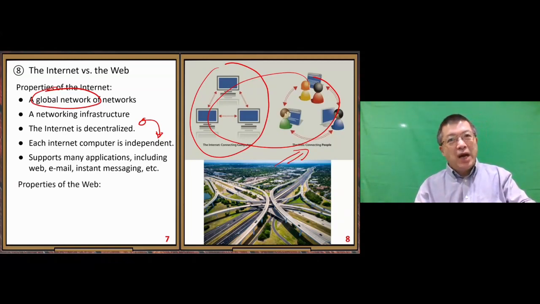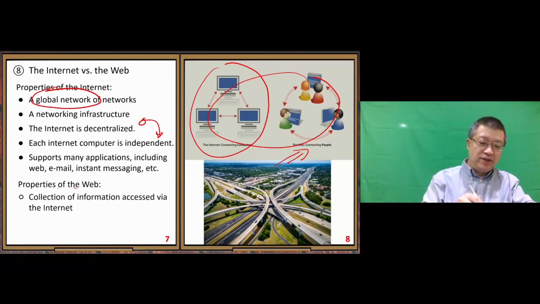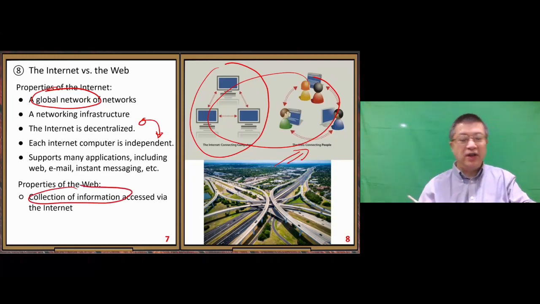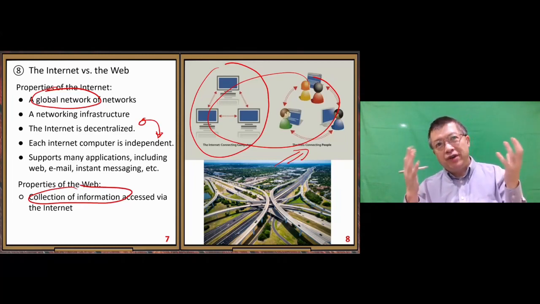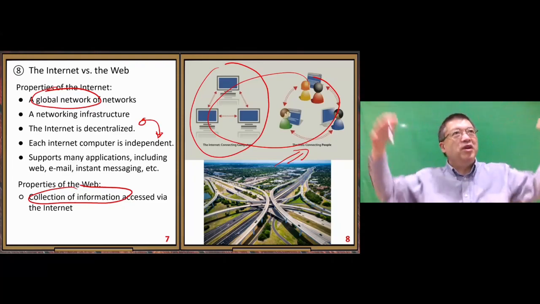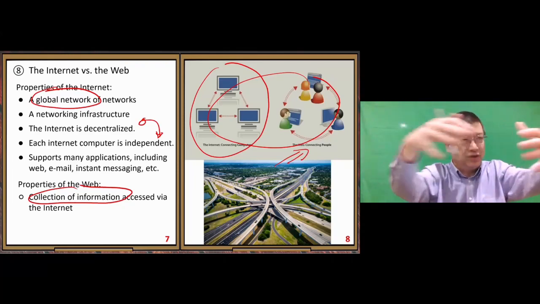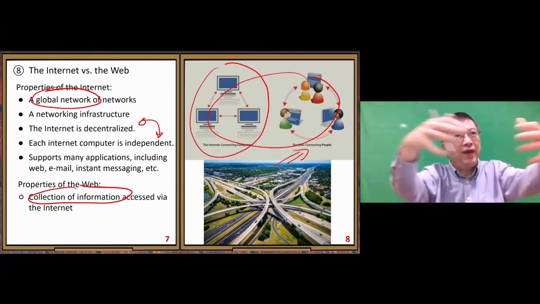Now, properties of the web. A collection of information, accessed via the internet. So our focus, when we talk about the web, is on the information: data, documents, references, hyperlinks, those things.